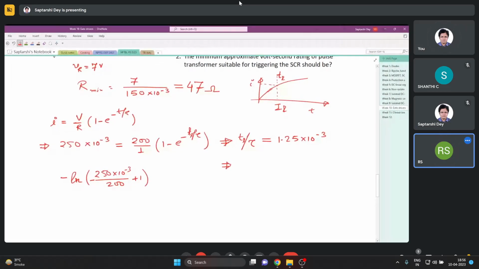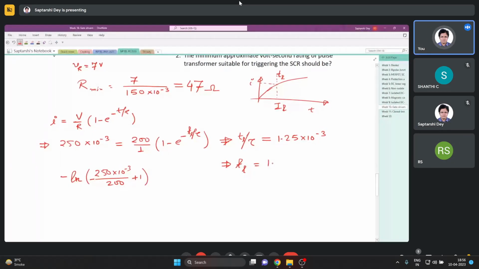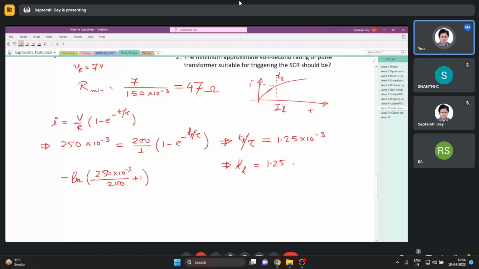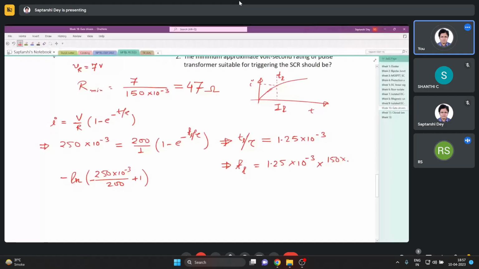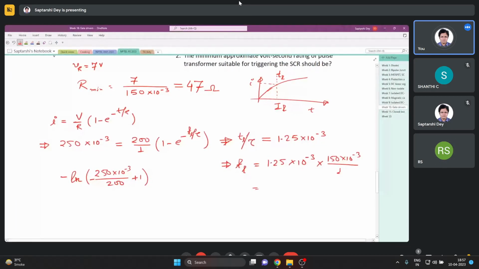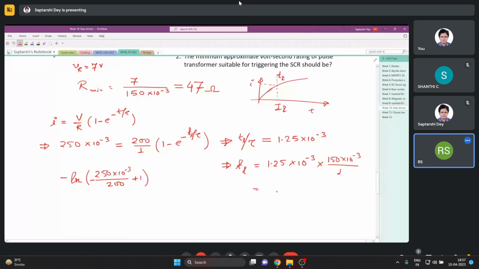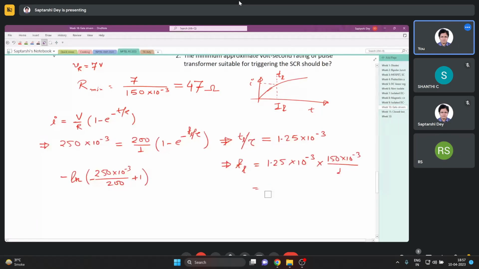Now, what is the time that we must keep it turned on so that the thyristor is turned on permanently? This should be t by tau times tau. Tau is L by R. L is 150 millihenry, R is 1. So this times 150 times 10 to the power minus 3 is 0.00125 t by tau.